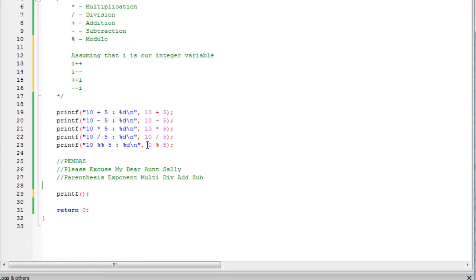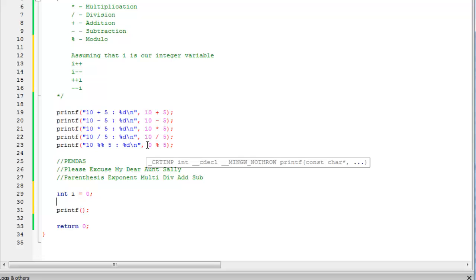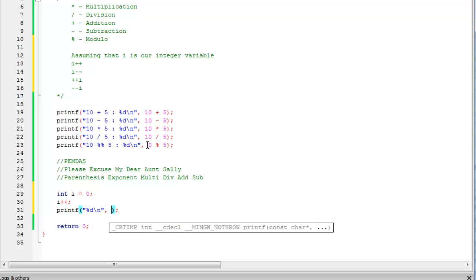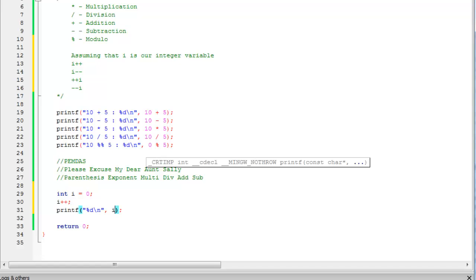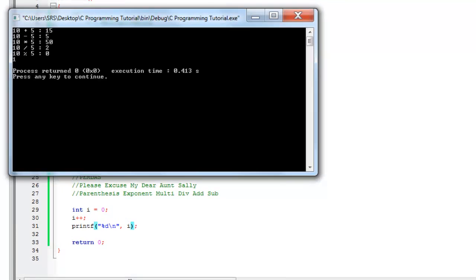I'll just give you a really quick example of it. So i, let's say, is equal to 0. When we do i plus plus, all that's doing simply is adding 1 to i. So here, if I were to print %d \n i, we will get 1 printed out.